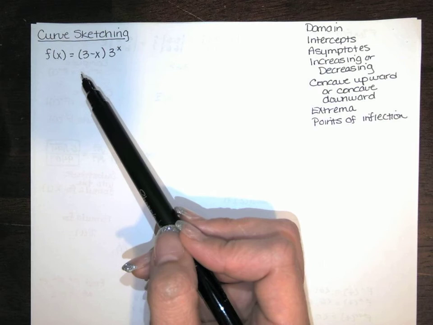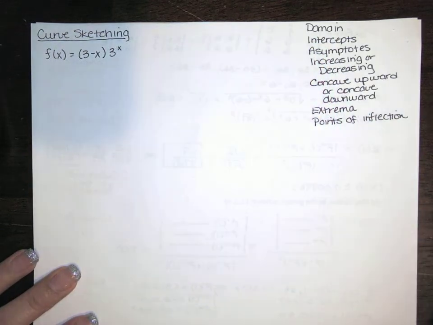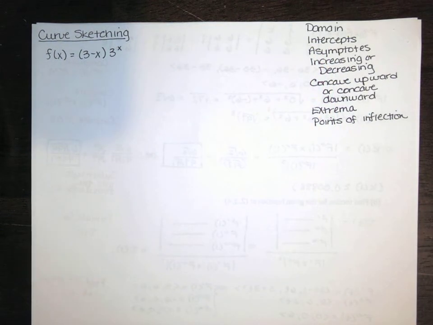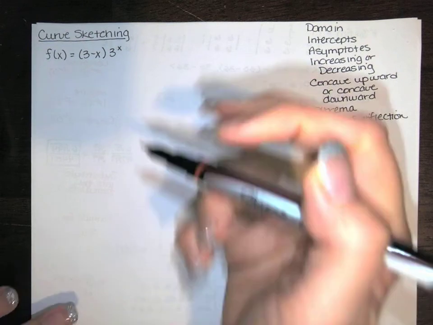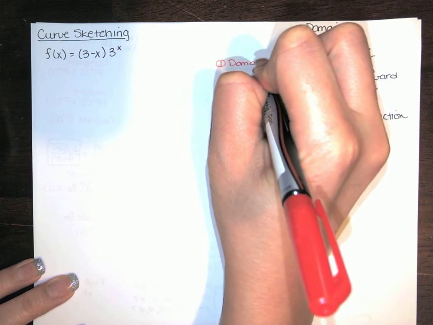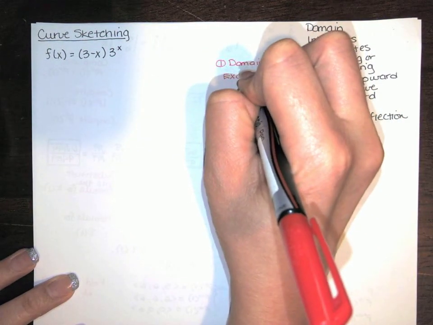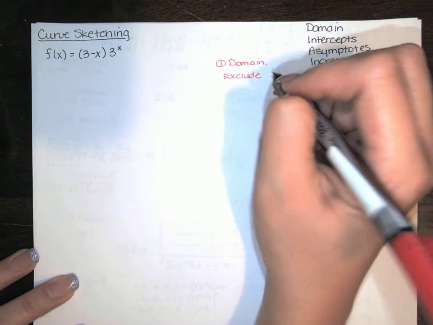So let's say we've got a function like this, and I want to sketch the graph. The first thing I always do is I try to find the domain of the function. So find the domain. And I'll write this down, even though you've heard me say it many times.